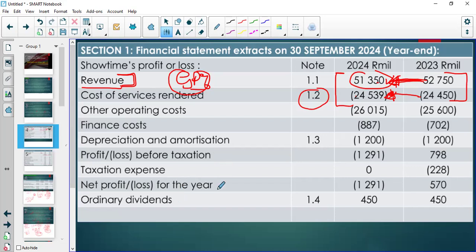Remember that dividend policy applies to ordinary dividends, not preference dividends. Preference dividends are going to be fixed, so you can't really have a policy when you have a contract that says you pay 10%. That's not a policy. A policy is something that is open to decision making and not necessarily a contract.